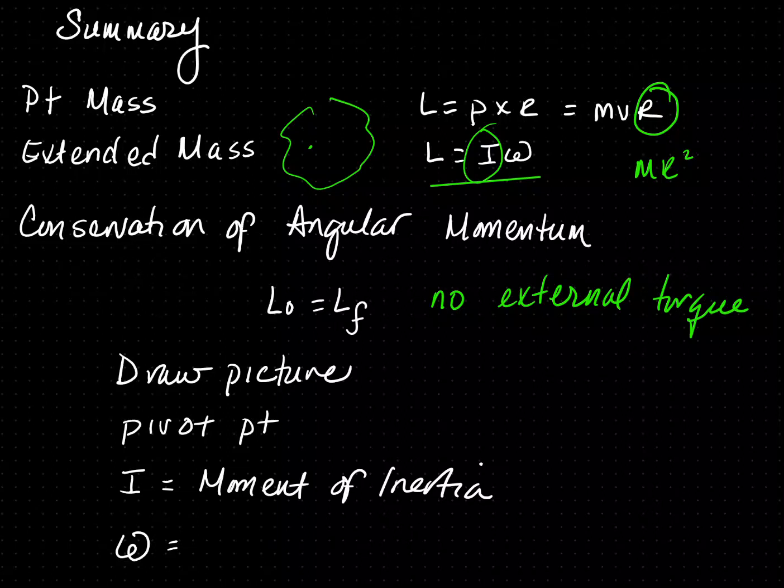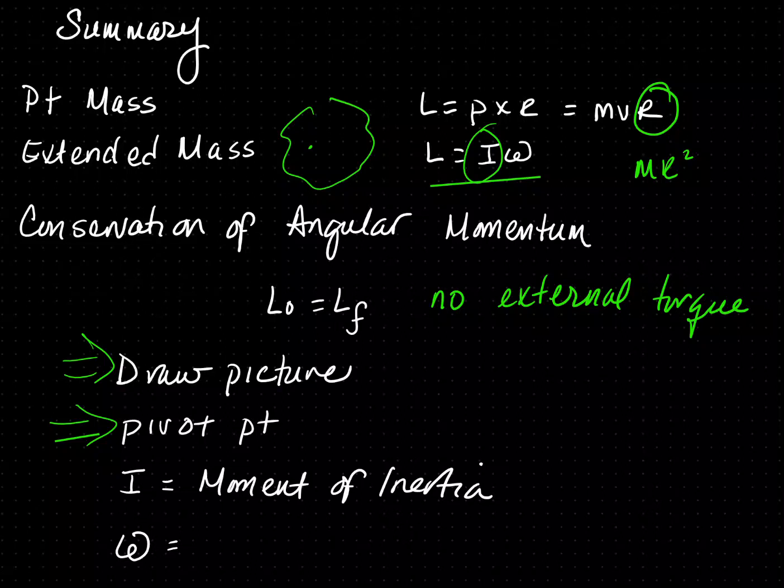The easiest way to do angular momentum is draw a picture. Once you draw the picture, locate the pivot point. Once you locate the pivot point, you need to determine which formula for moment of inertia you need to use. Each object that is rotating must have its own moment of inertia equation.